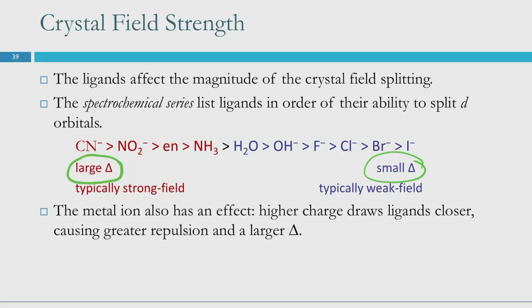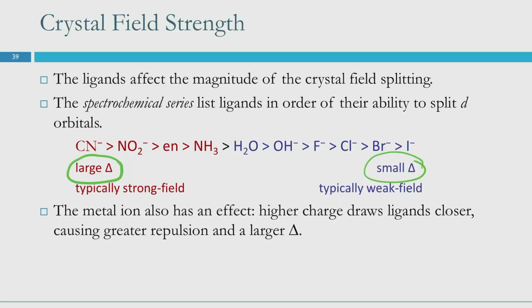So typically, if we've got cyano groups on our metal center, we're going to have a strong field or a large crystal field splitting energy. Versus if we've got iodide as our group, we're typically going to have weak field splitting.